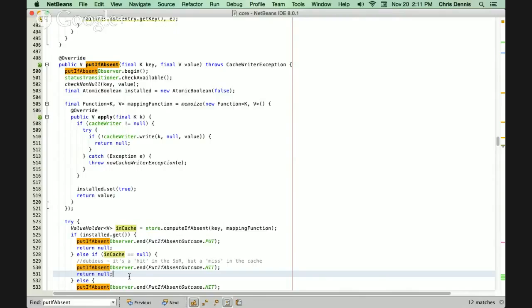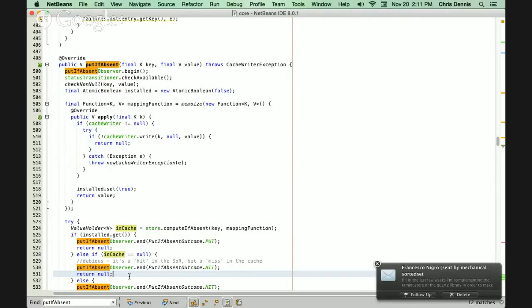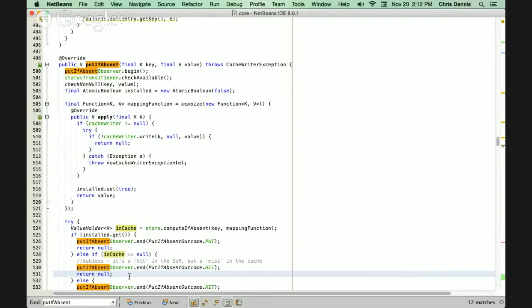I think that a contract which assumes that the cache and the system of record are in sync and therefore uses the presence of a value in the cache as a way of avoiding talking to the system of record, I think that's a valid optimization, because if you're doing cache through and your system of record and your cache are out of sync, you already have significant problems because your gets are all going to be wrong, or potentially some of them will be wrong.